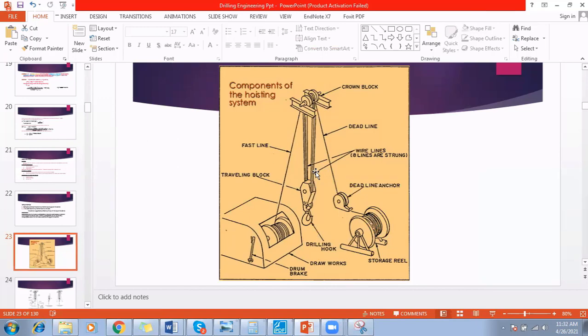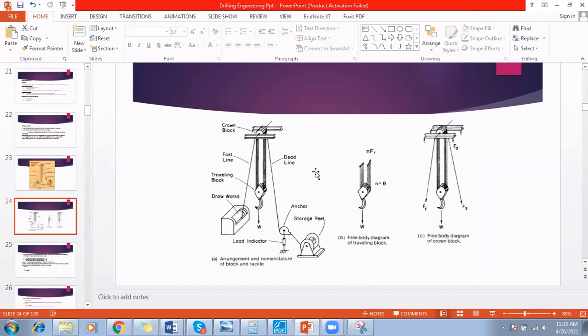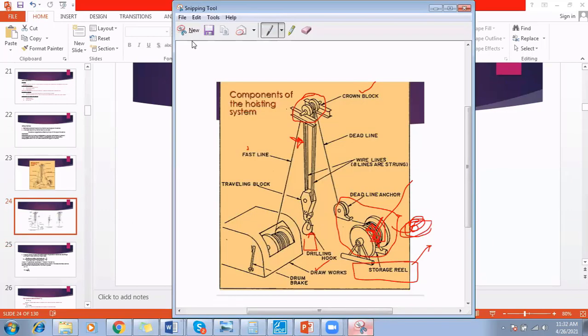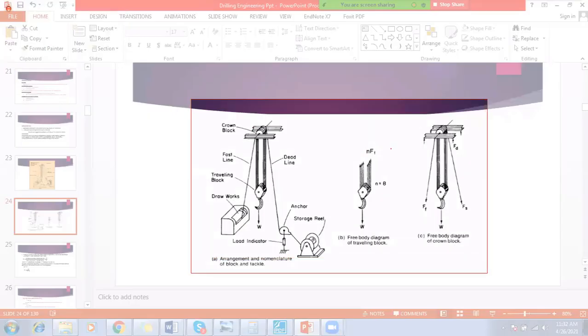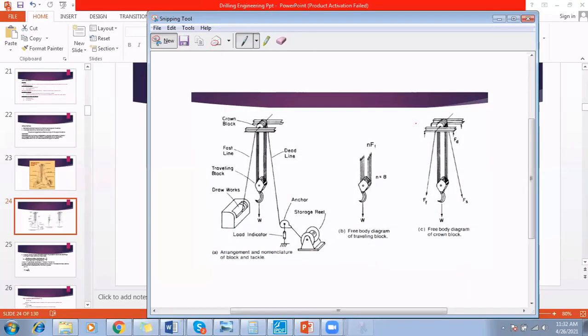So this is another explanation. In this image you just need to focus here that you can see this is the FF and this is the FS.